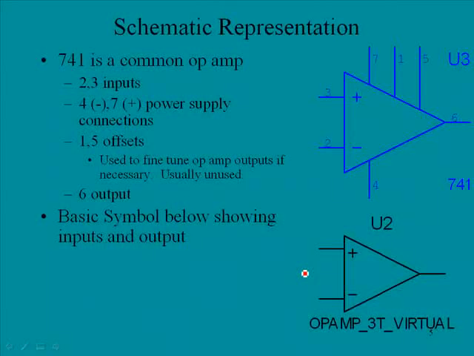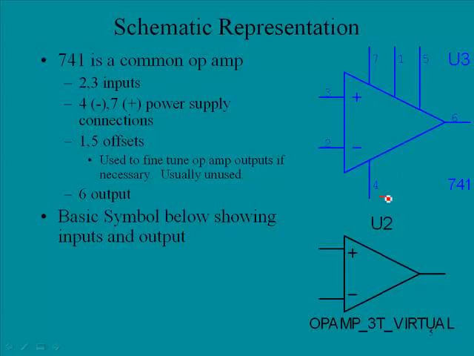Okay, schematic representation. The 741 is a very common op-amp, and this is the Multisim representation of the 741. We'll notice the inputs, pins 2 and 3. This would be the inverting input, and this is the non-inverting input, shown by the minus and the plus. Pin 4 is one of the power supply connections.